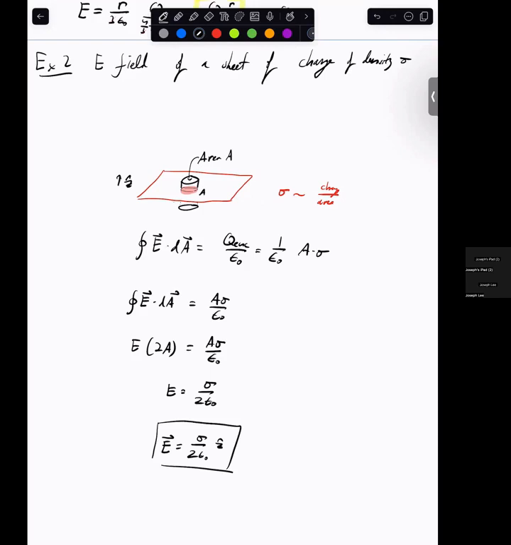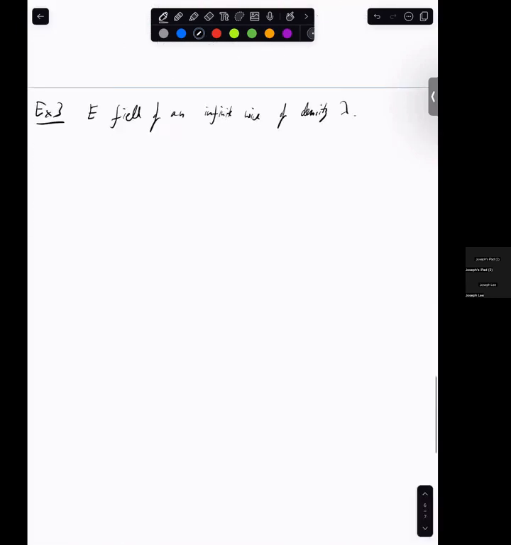Finally, we can do the wire. So let's imagine I have an infinite wire. I'll draw it like this, the 3D drawing again. I'm going to construct my Gaussian surface to be the cylinder around it. This is going to have some length L and some radius here.